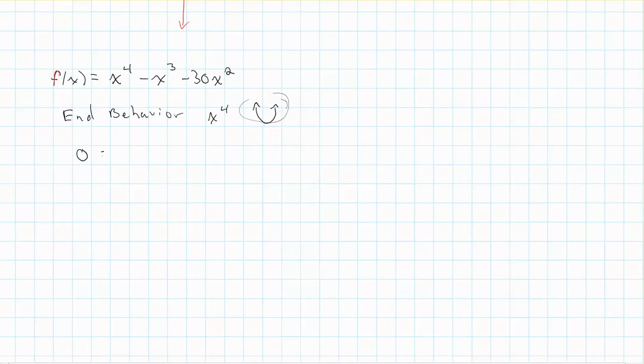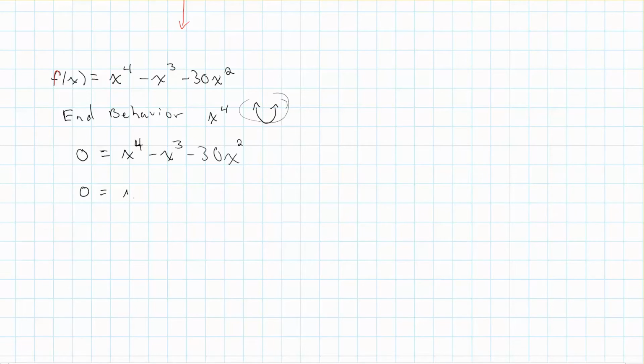So 0 is equal to x to the 4th minus x cubed minus 30x squared. Before I start factoring, I'll just write the problem down again. And so we'll go ahead and factor this.